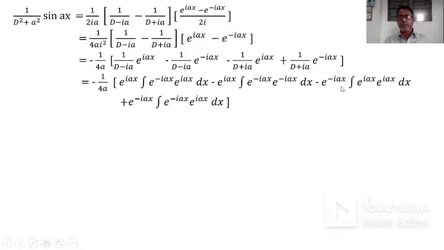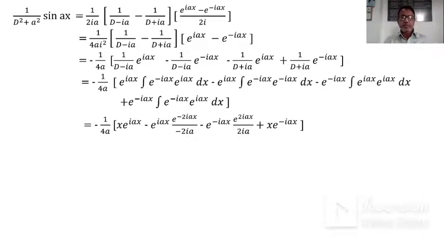Then operate this on this, we get minus e to the power minus iax integration of e to the power iax, e to the power iax dx, and lastly operating this, we get this term plus e to the power minus iax integration of e to the power minus iax into e to the power iax dx.